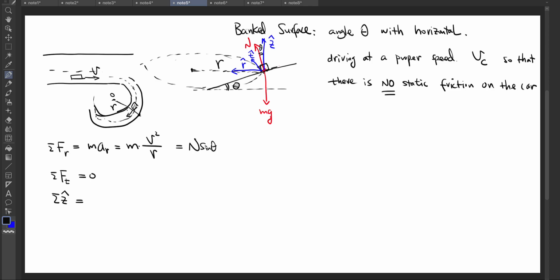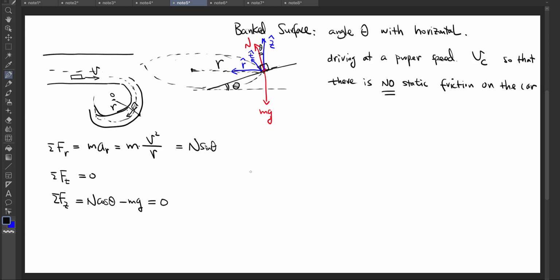Gravity has no component because it's perpendicular to the radial direction. Along the z hat direction, the net force should be 0. So sigma F_z should be 0, but it's given by N cosine theta, which is positive, and gravity is negative, and it must be 0 here.